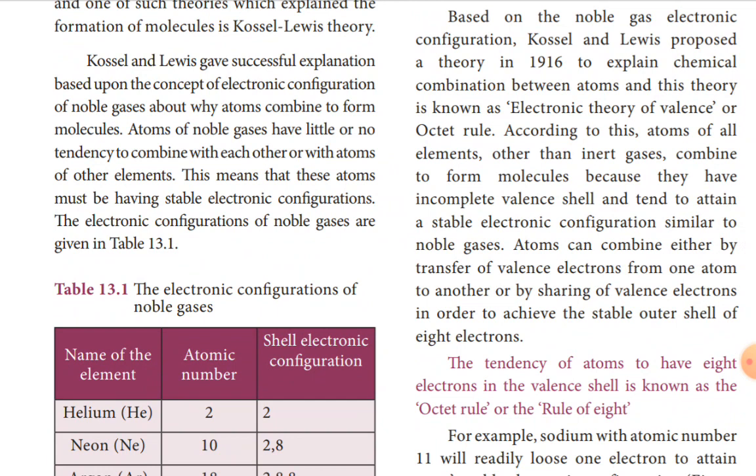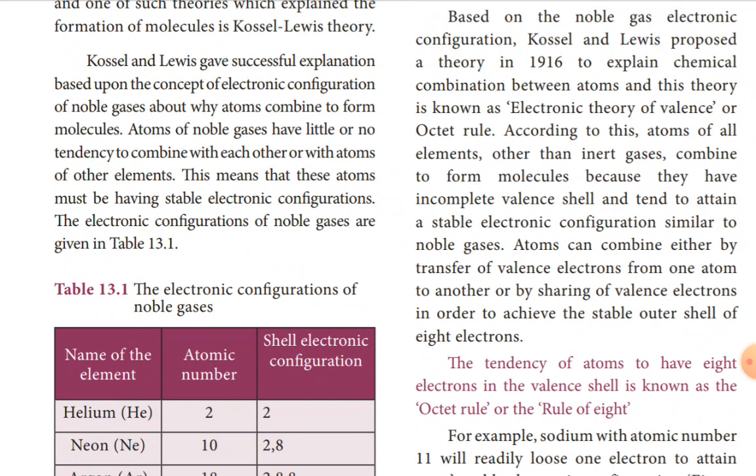Atoms of noble gases have little or no tendency to combine with each other or with atoms of other elements. This means that these atoms must be having stable electronic configuration. The electronic configurations of noble gases are given.